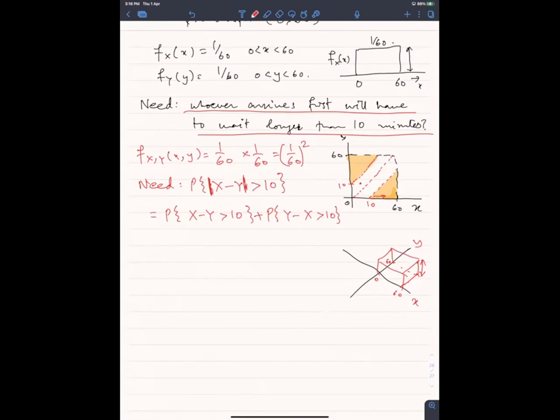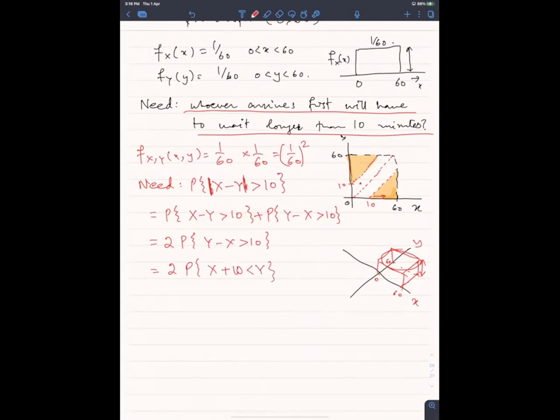Okay, so by symmetry क्योंकि the distribution is uniform, एक जैसी है, we can write this as 2 times the probability y minus x is greater than 10, or 2 times the probability x plus 10 is less than y.